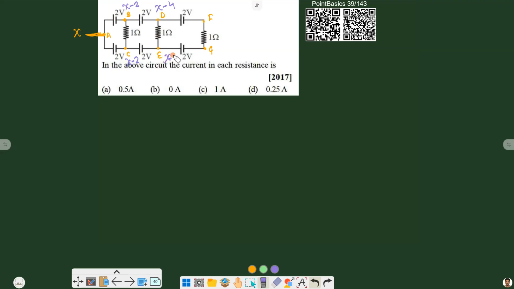Similarly for E, and going further, F will be X minus 6, and G also X minus 6. We can see that D and E are again at the same potential, so no current here, and F and G are again at the same potential, so again no current here. So no current flows through the circuit, so option B, 0 ampere, will be the right answer. Moving to next question.